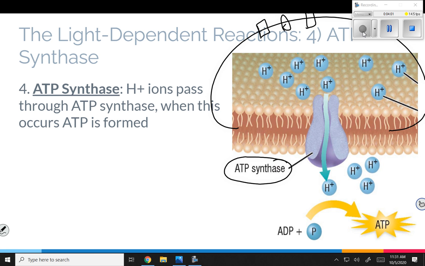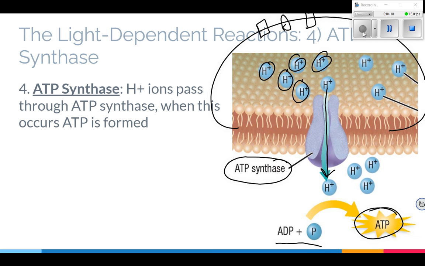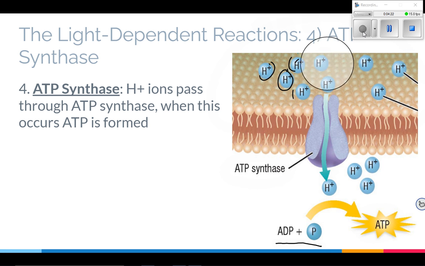So now we have all of these hydrogen ions inside. They want to flow out from a high to a low concentration, and when they flow out, it's able to add a phosphate to ADP and make ATP. So the whole point here was to generate NADPH and ATP.